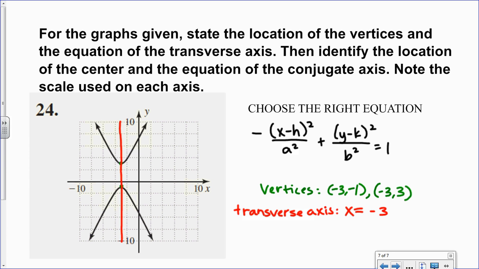And then to find the y coordinate, I need to be going the same distance in both directions. So between vertices, I want to count how many units away I am. There's 1, 3, 4. So those are 4 units apart. The center needs to be halfway between. So that would be 2 units, which would put me where? 1. Good. So -3, 1.